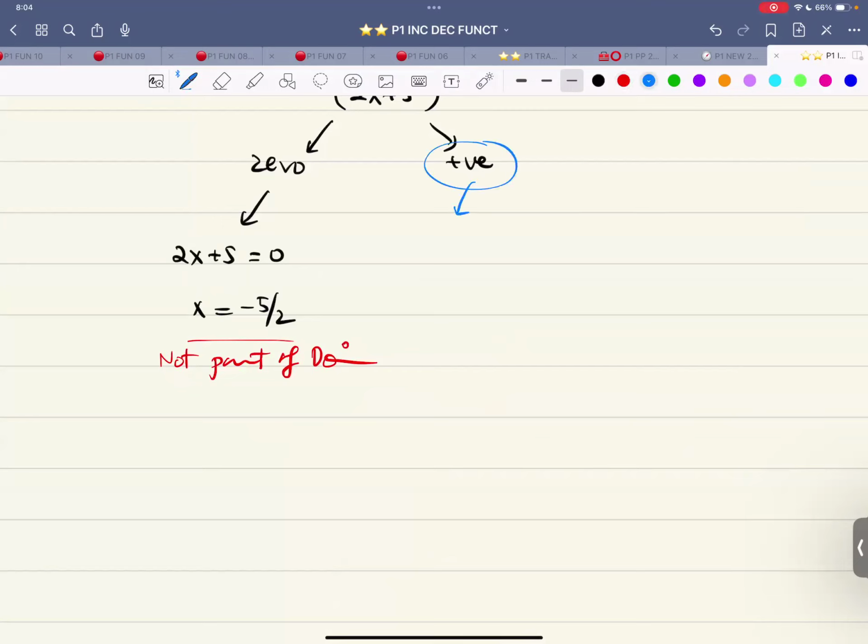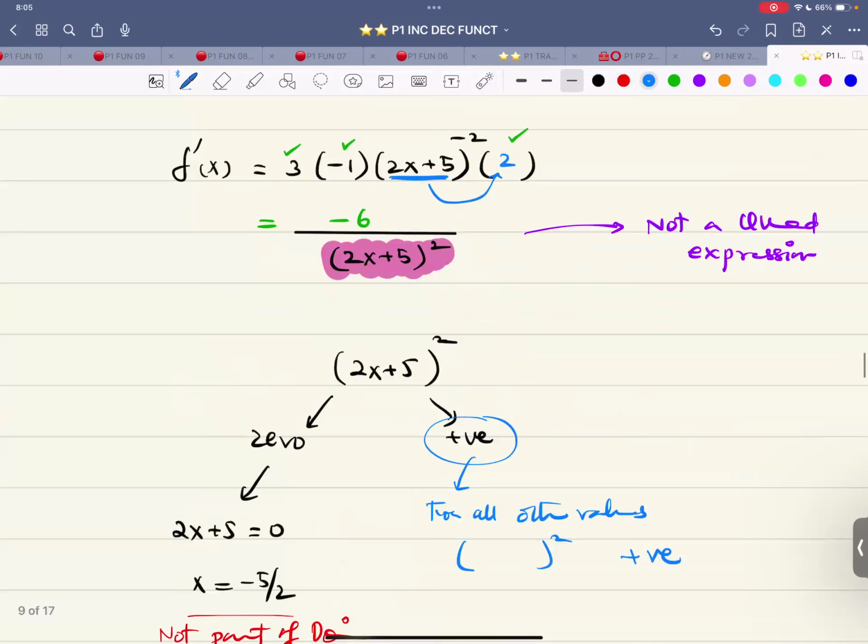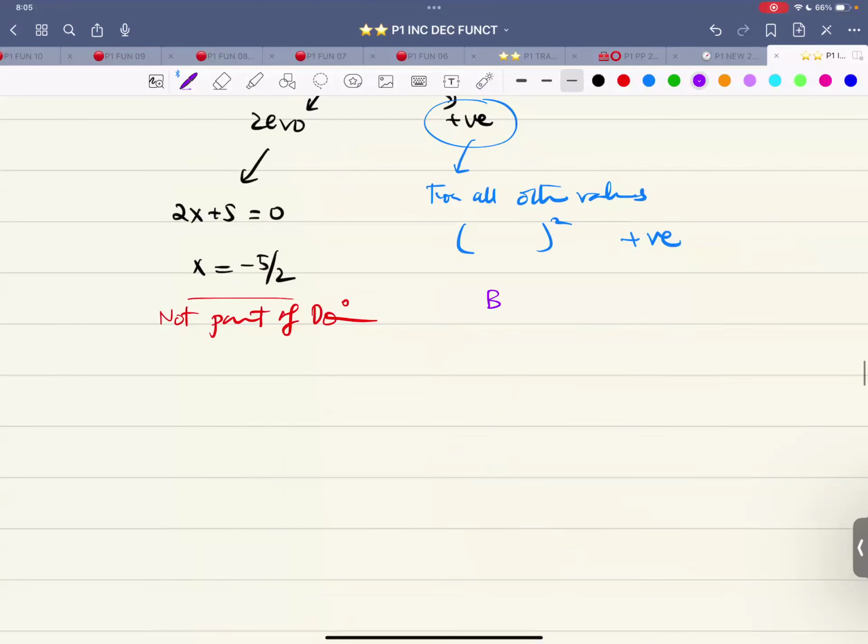That means for all other values, this bracket square will be positive, but there is something else. What about this -6? But f prime x is -6 over positive, therefore this will be negative.